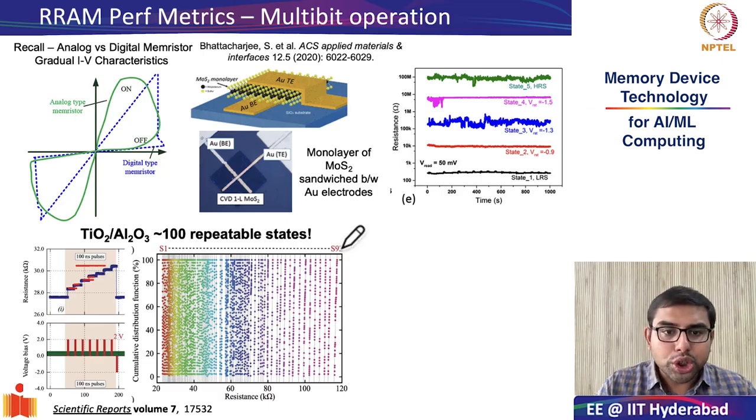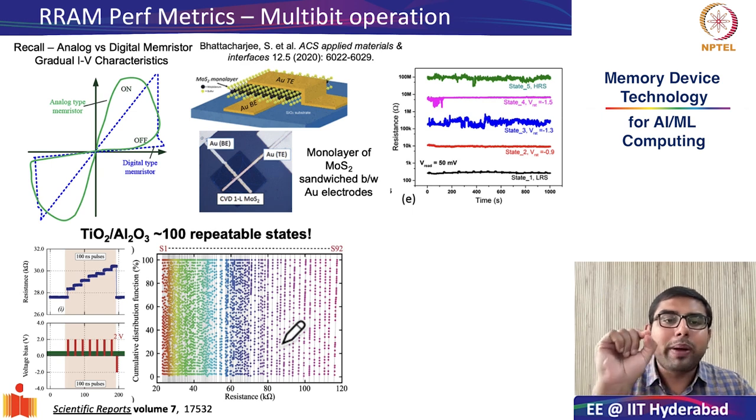And it has been shown that you can get almost 100 repeatable states which are not overlapping. So as you can see in this cumulative distribution function, you see 100 such lines, which indicates that this device can operate with 100 closely spaced states.